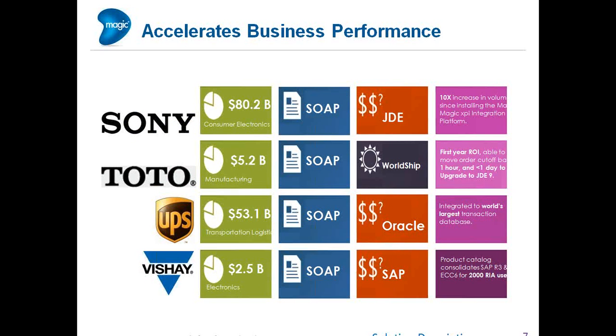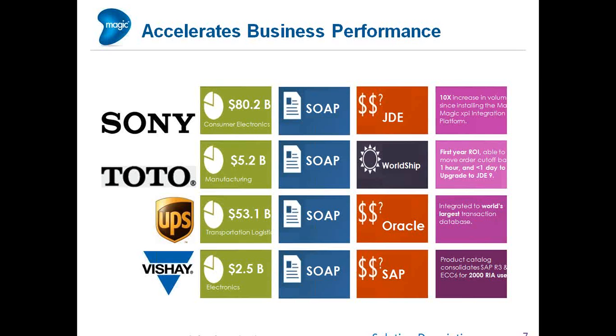Sony, which has experienced a 10 times increase in volume since installing the Magic XPI integration platform. And Toto, which experienced first-year ROI, able to move their order cutoff back by 1 hour and save a day, or spend less than a day, in their upgrade to JD Edwards in the 9s.